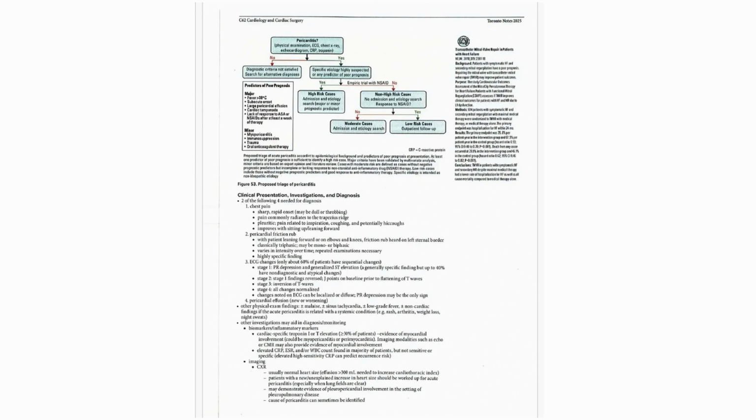Stage 4, the ECG gradually returns to normal. Keep in mind, changes may be diffuse or localized, and sometimes PR depression may be the only ECG abnormality. Diagnostic criterion 4, pericardial effusion. The fourth criterion is new or worsening.